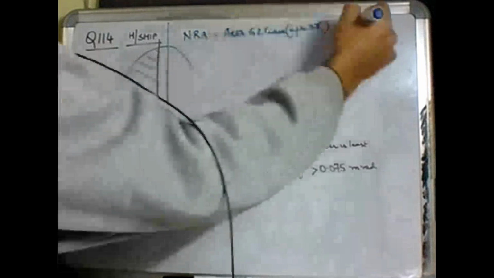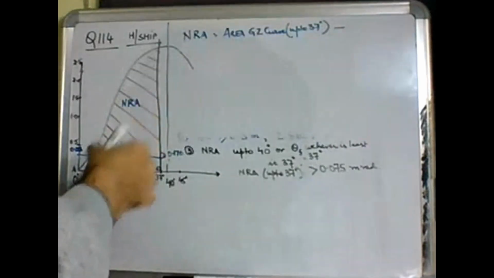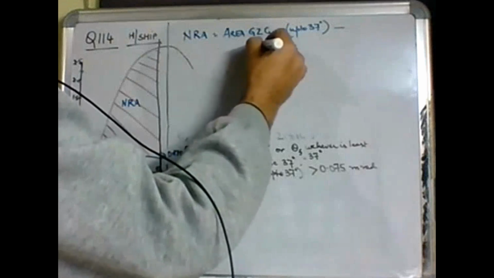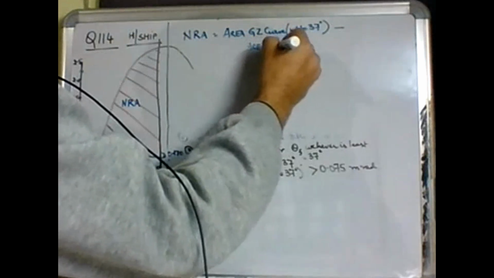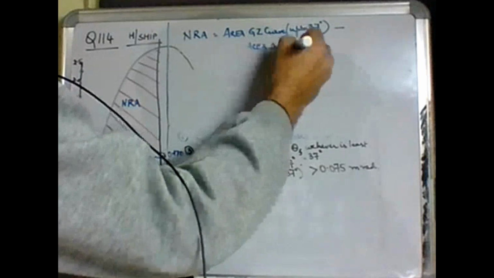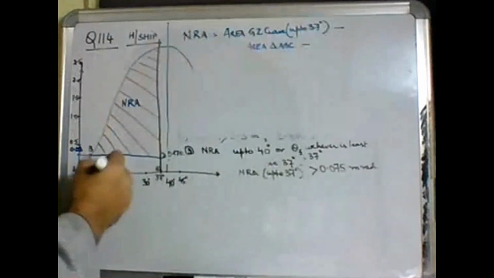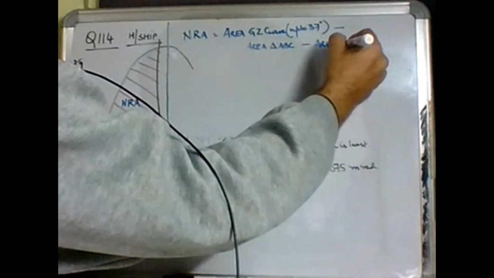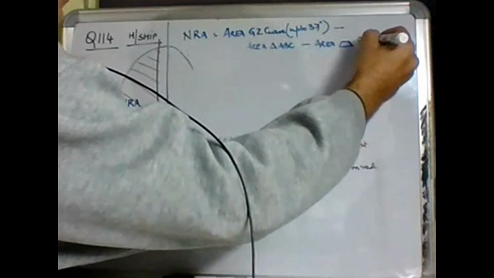So minus area triangle ABC, minus area trapezium BCDE. ये समझ में आया, ये क्या किया मैंने?